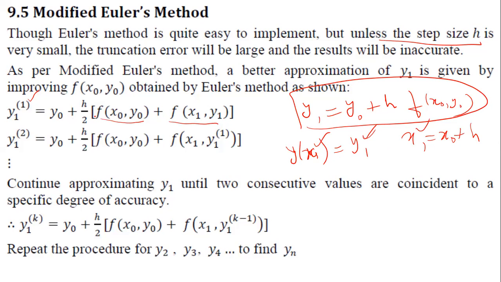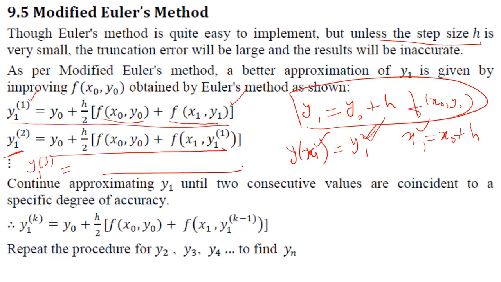To obtain the better approximation, the first iteration here, we will use this formula. And to obtain the second approximation, we again use this formula. Here in the second iteration, instead of using the original y1, we will use y1 as obtained from the first iteration, and we can continue calculating the iterations like this.